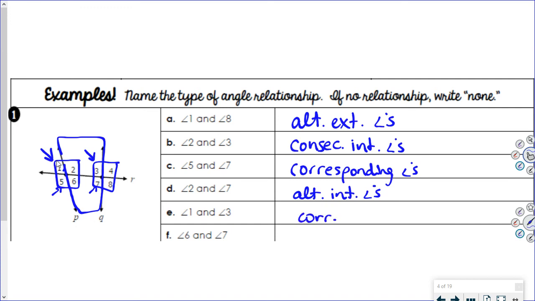They are corresponding angles. And then 6 and 7, both of those are inside, making them interior. They're on the same side of that transversal, so they are consecutive interior angles. Okay? Consecutive interior angles.